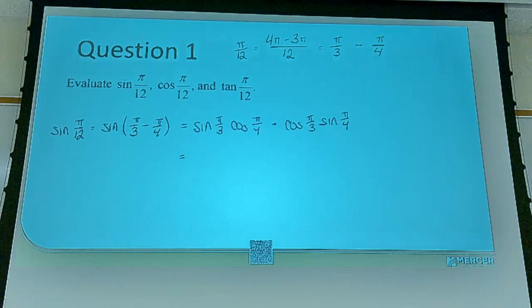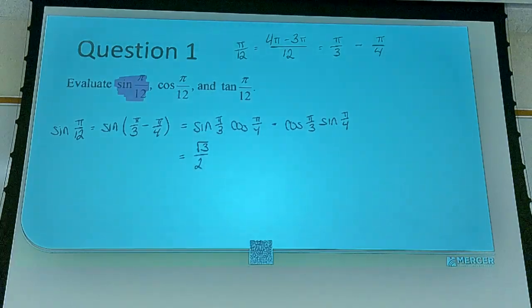What's sine pi over 3? Square root of 3 over 2.